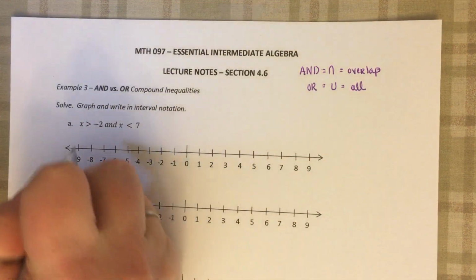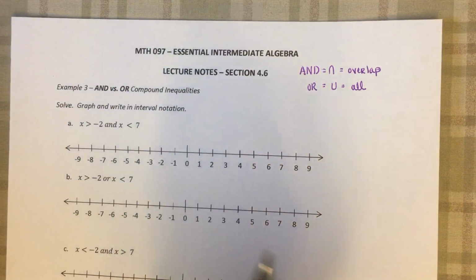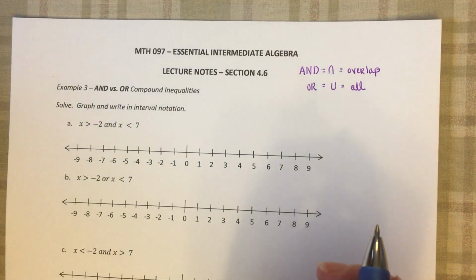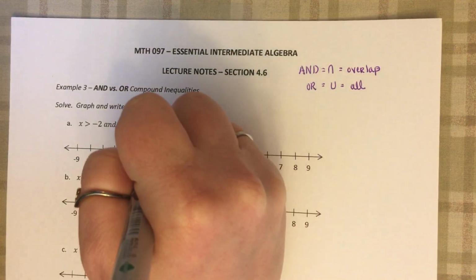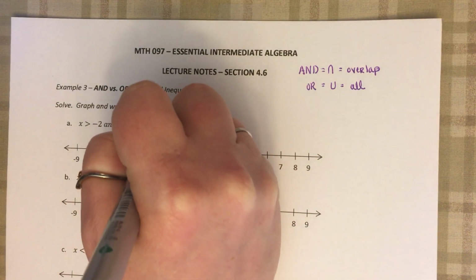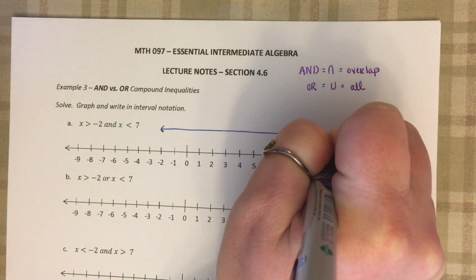So we're going to start with x is greater than -2. I'm going to use my blue pen to indicate this. X is greater than -2 means I'm going to start at the -2 and then go to the right.